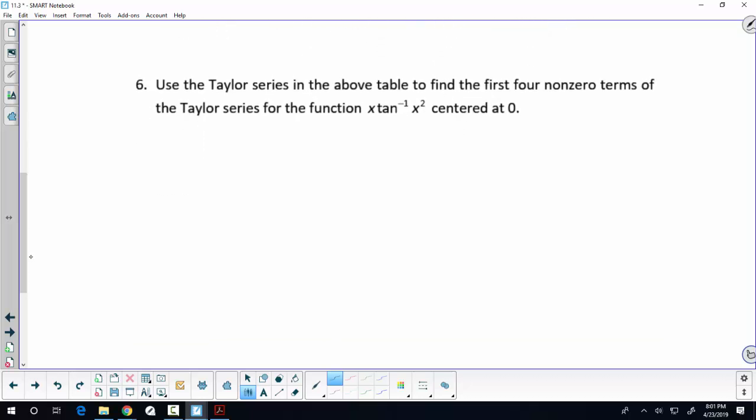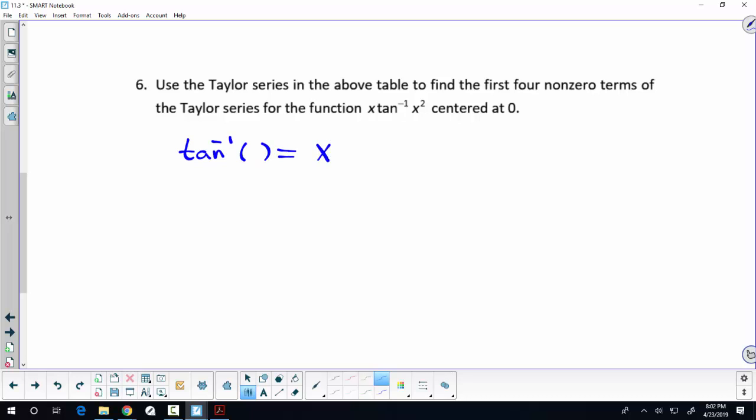Similar example, inverse tangent of x squared times x. So here we're using a composition and a multiplication by the power. If you didn't know this series for tangent x, again, it's a pretty lengthy process to come up with the series for tangent.